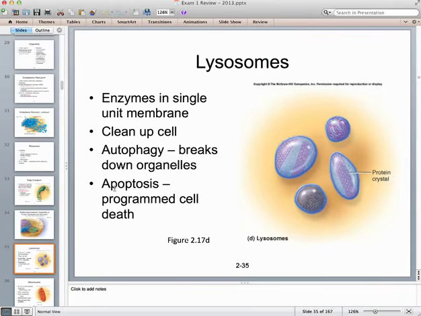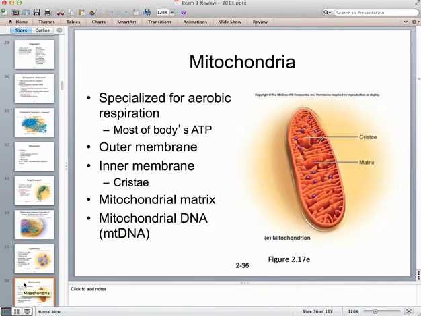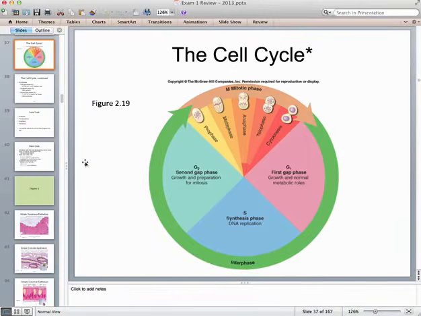They're also involved in apoptosis, but I wouldn't worry about that for this exam. And then finally mitochondria, the energy producer of the cell. If you have mitochondrial dysfunction, certain activities that we talked about a few slides ago, you might have problems with that. So keep that in mind.